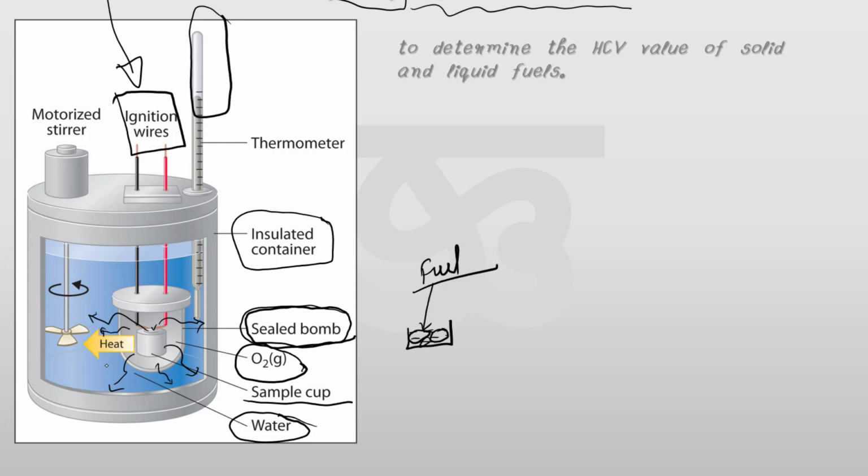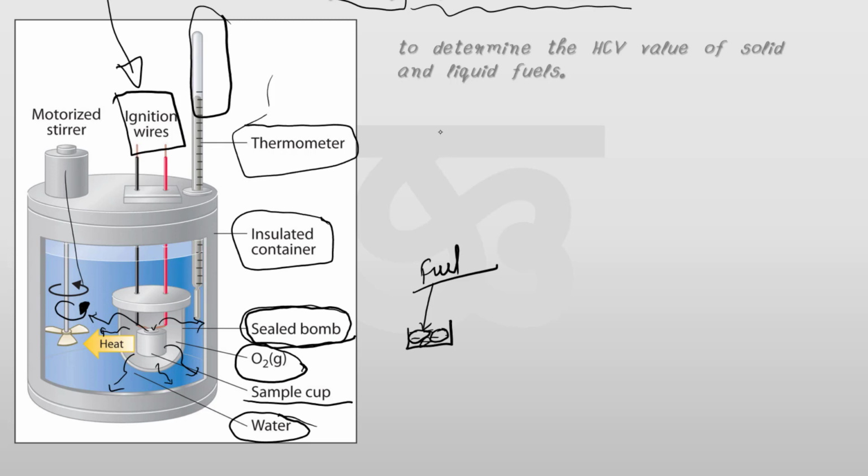Now, to distribute the heat properly and evenly, we use a stirrer, just a stirring mechanism, okay? Like our mixer grinder, we rotate this stirrer, and that way the heat will be uniformly distributed to all the water, and that temperature will be recorded by the thermometer.